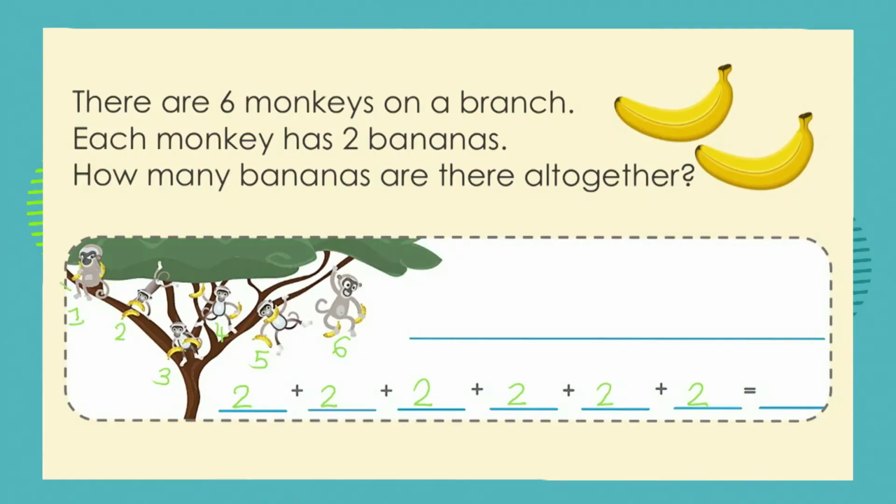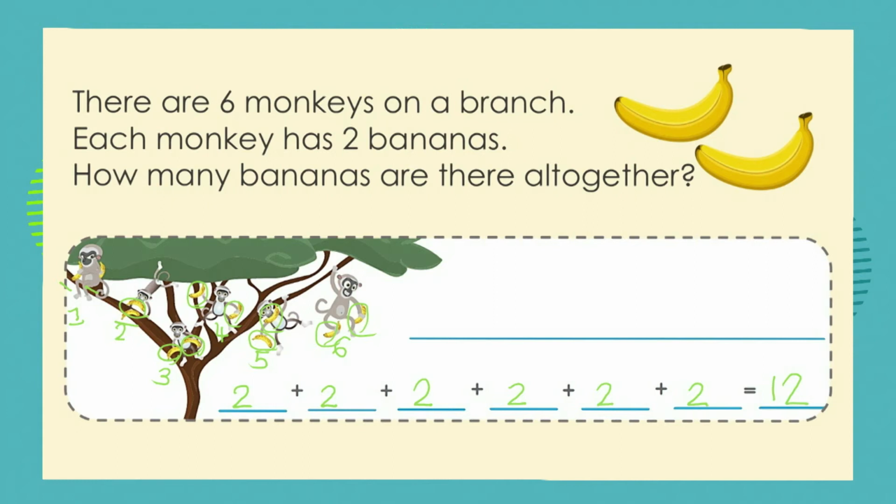We have 1, 2, 3, 4, 5, 6, 7, 8, 9, 10, 11, 12. So we know that we have 12 bananas all together.